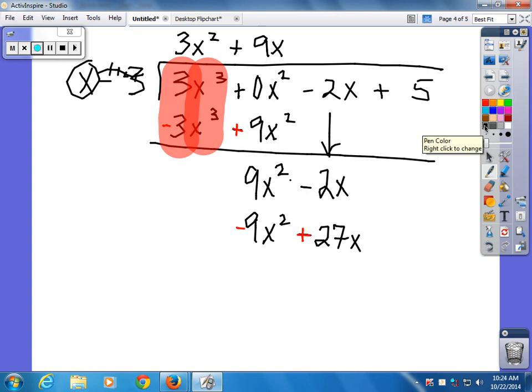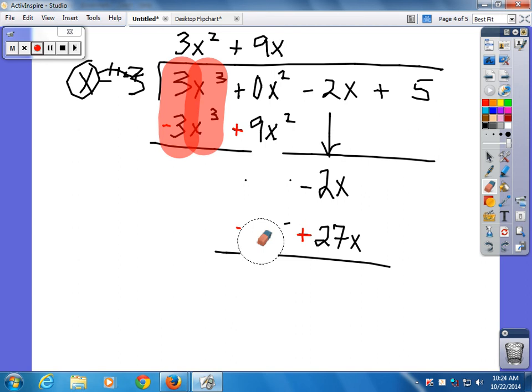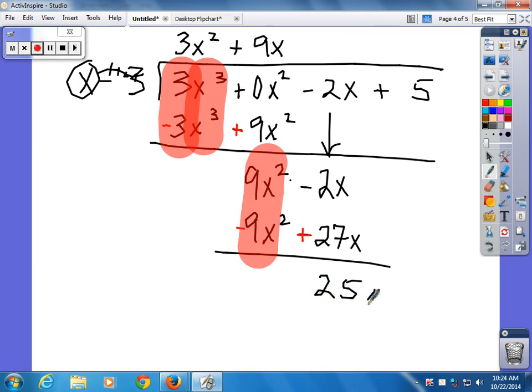The first one goes out like it's supposed to. And what's negative 2 plus 27? And the 5 comes down to help out.